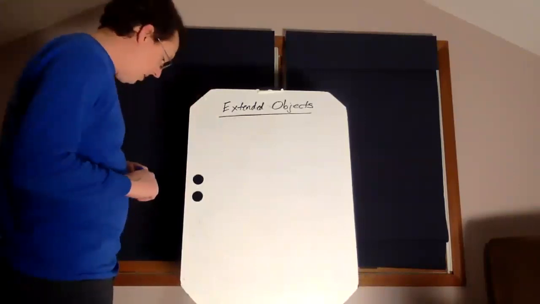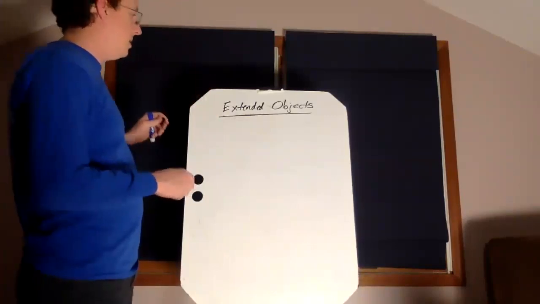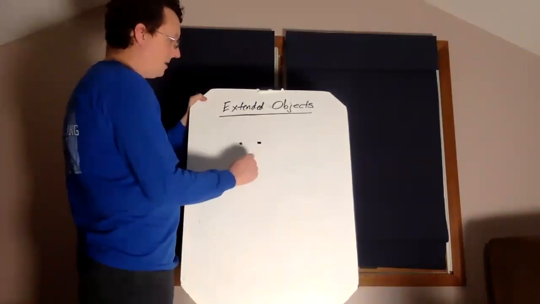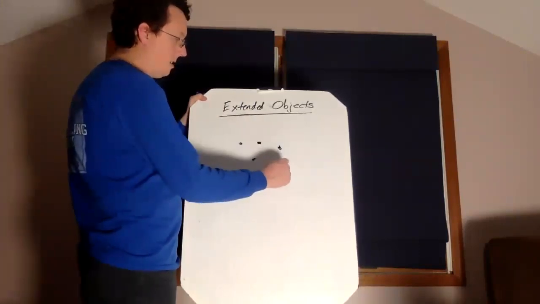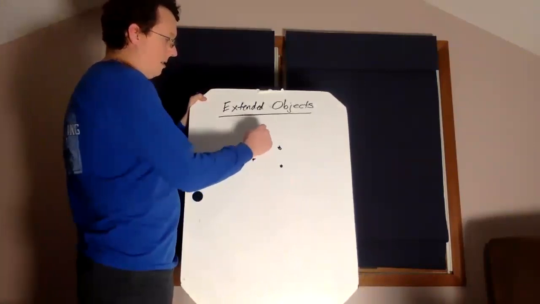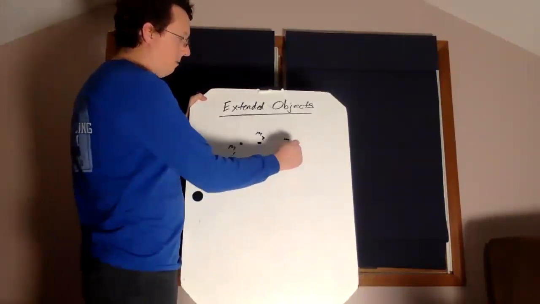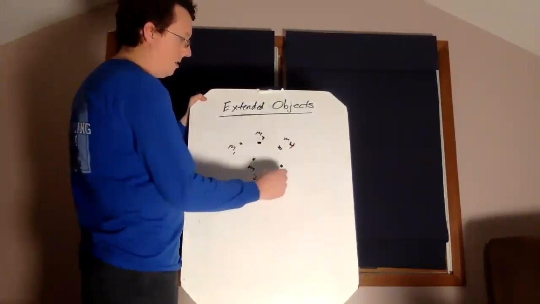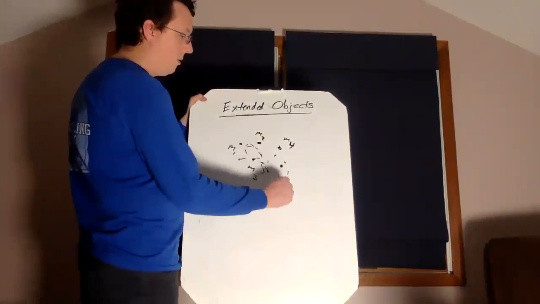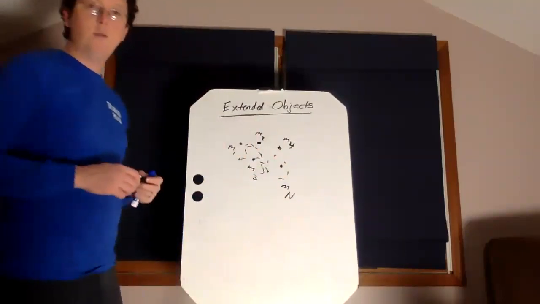Okay, so what I want to do is first imagine you have many different little blobs of mass. So you could say you have mass 1, mass 2, mass 3, mass 4, lots and lots and lots of masses, all the way up to mass n, where n is some huge number.